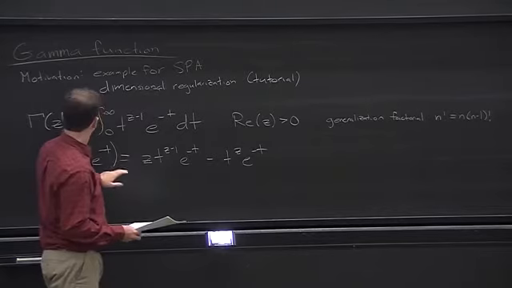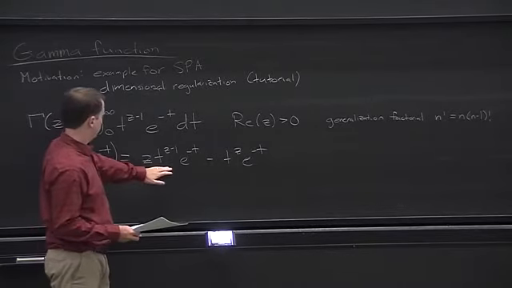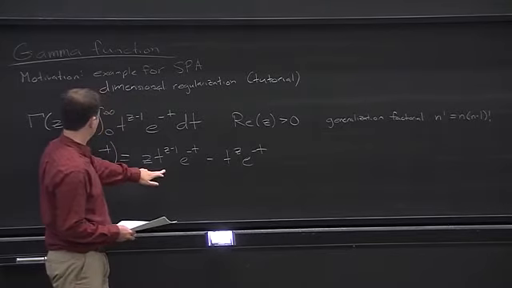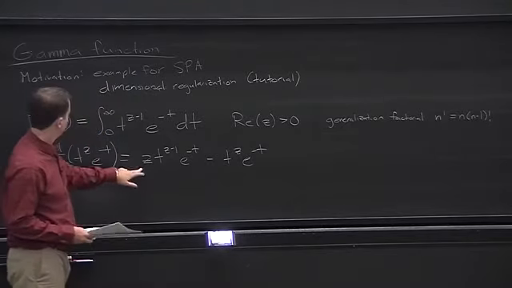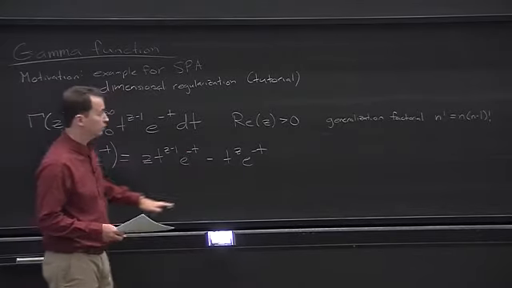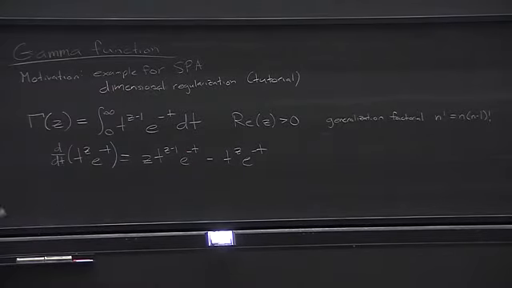relate gamma at different arguments. So this, up to some factor, is the integrand of gamma of z. This is shifted. So this will give us the relation we want.